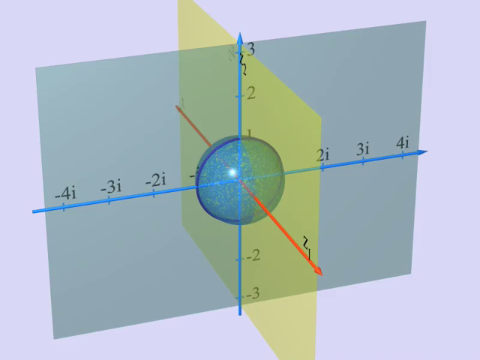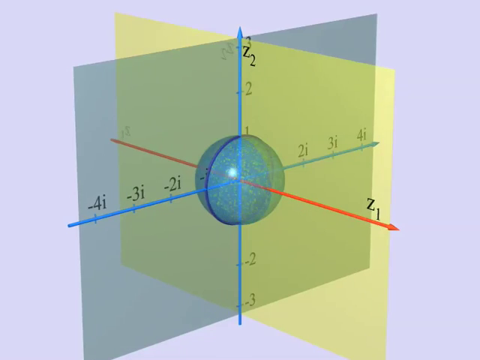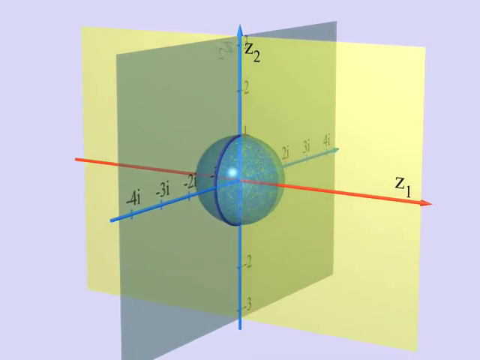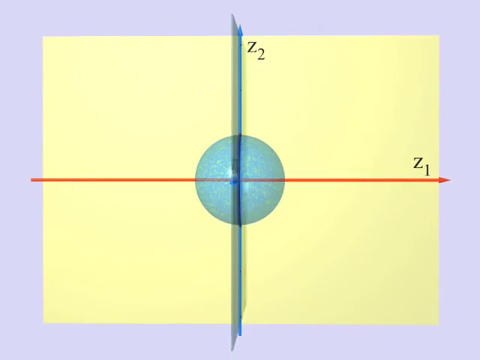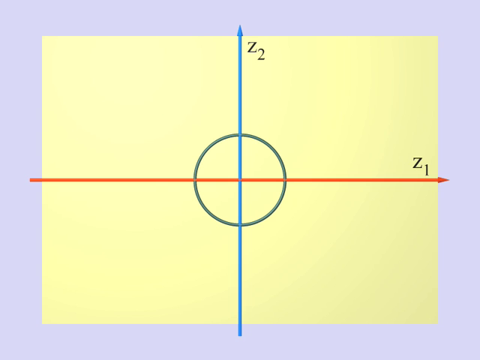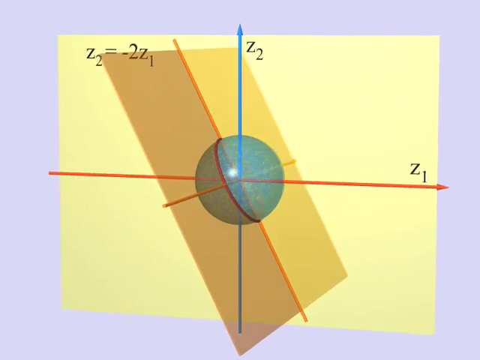Now what is true for the horizontal line and the vertical line is equally true for all lines going through the origin. Here you can see the line with equation z2 equal to minus 2z1.